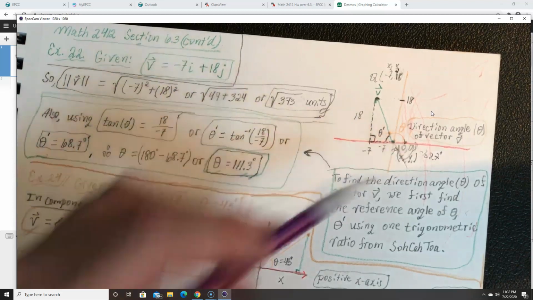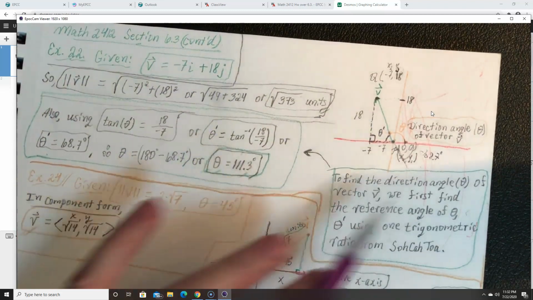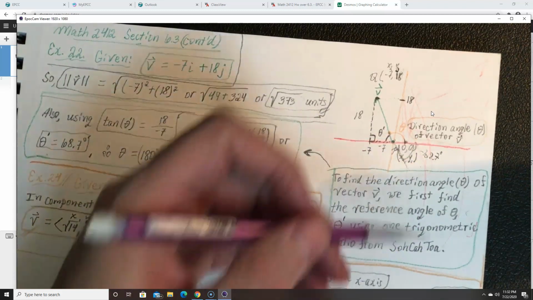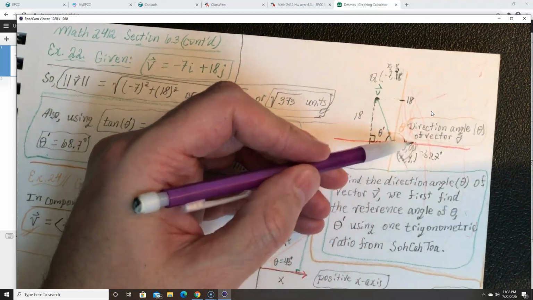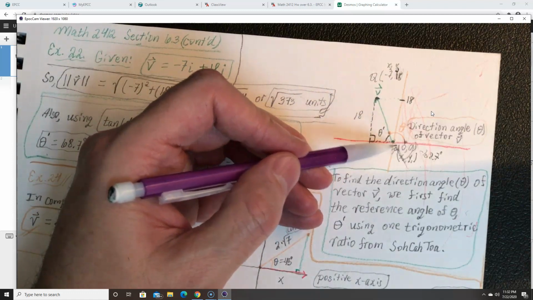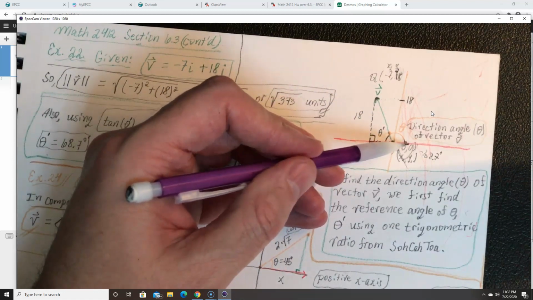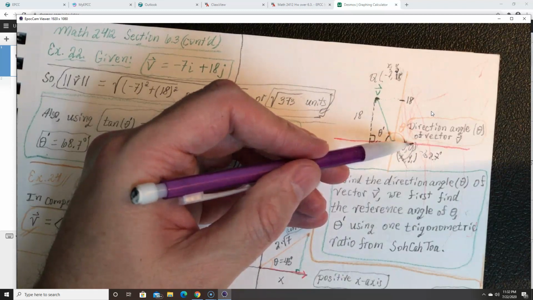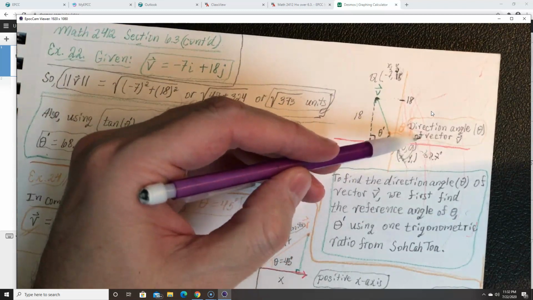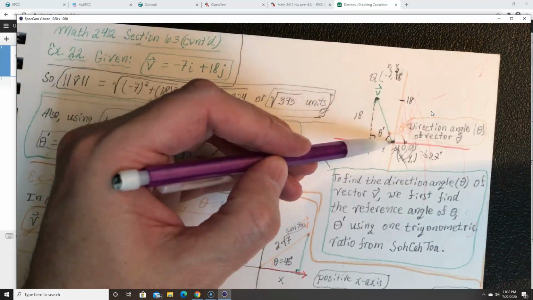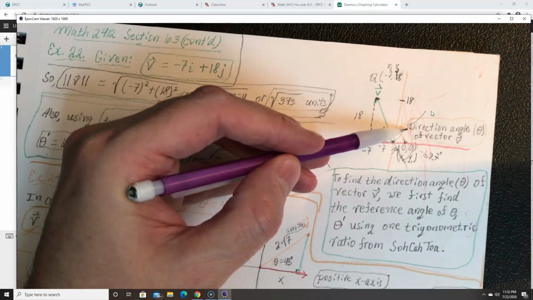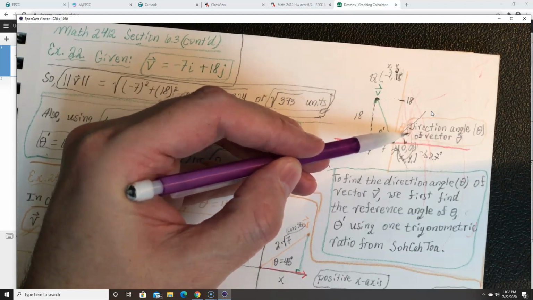We put tangent inverse of negative 18 over negative 7, and it gave us negative 68.7, because tangent inverse is restricted to an angle backward in quadrant 4 or forward in quadrant 1. And so this angle is going backwards. It's the reference angle going backwards in quadrant 4. If we were to take away this negative sign, it would give us 68.7, the angle in quadrant 1, the reference angle, 68.7.